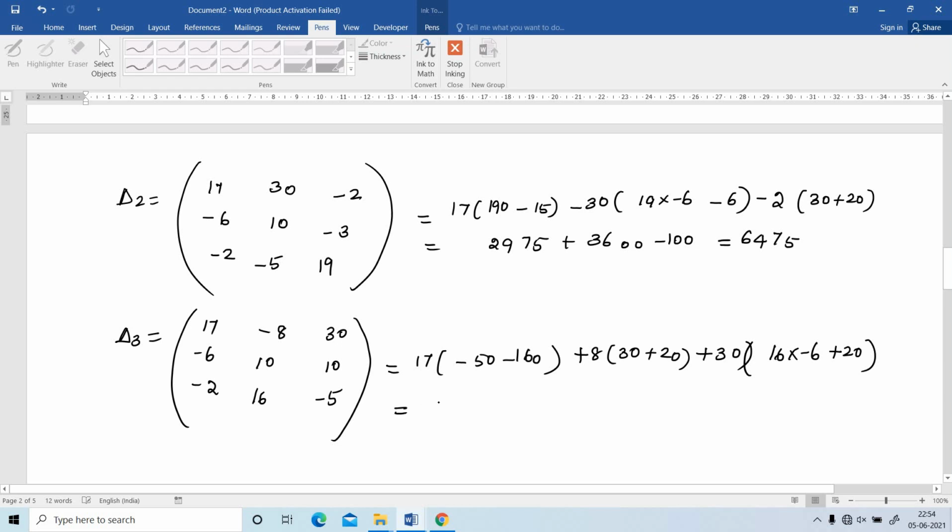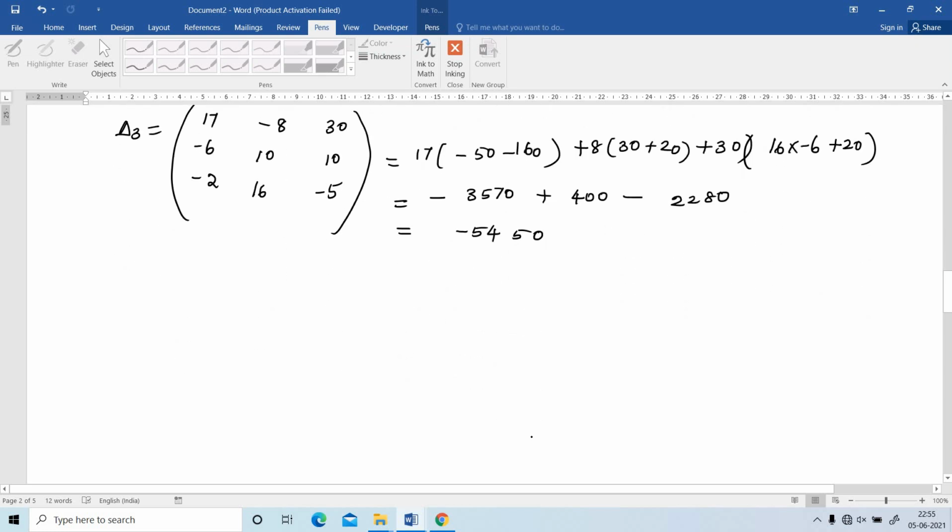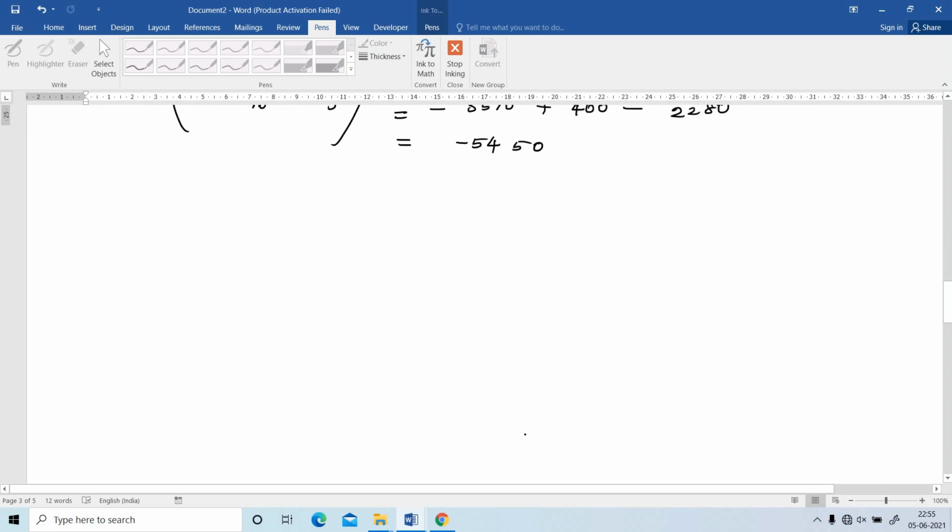That is equal to minus 3570 plus 400 minus 2280. The value is equal to minus 5450.